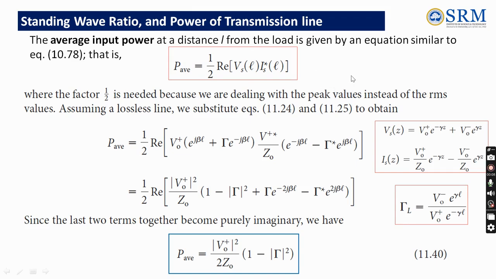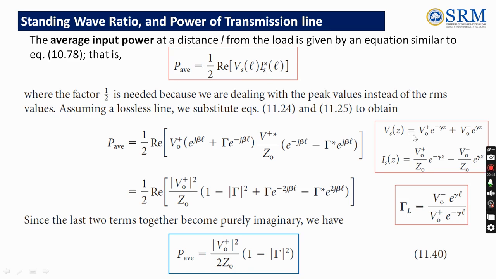V peak is V RMS times root 2, and the same applies for current, so the product gives 1 by 2, since power is V into I. We take the real part of the voltage at distance L from the load, multiplied by the conjugate of the current at distance L from the load.